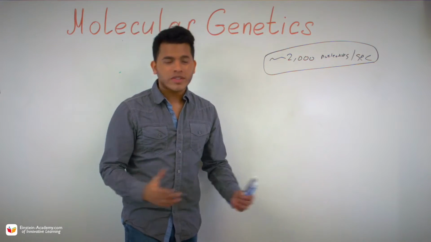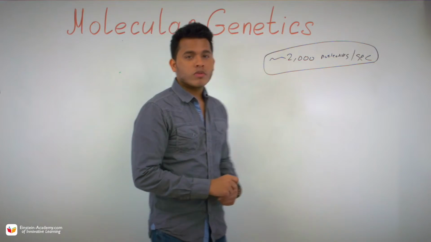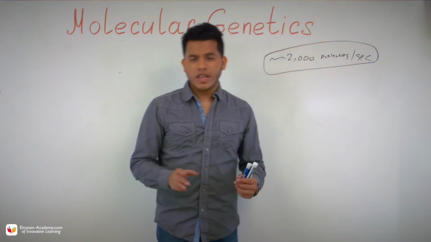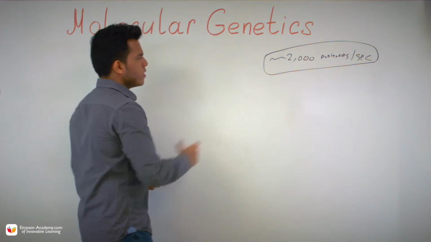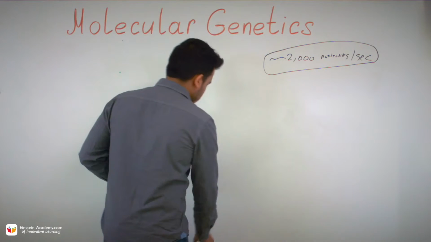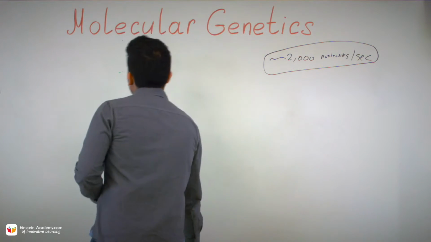How accurate is it? Obviously, if it's not accurate, we will start to see problems such as cancer. Once again, we're going to talk about cancer in another video. But let us see, what are the rates of mutation? What are the rates of errors?